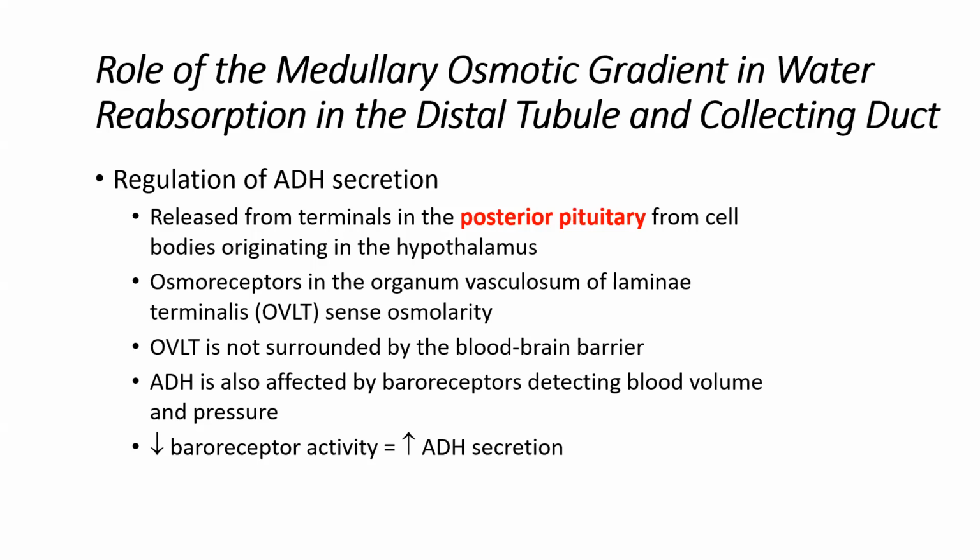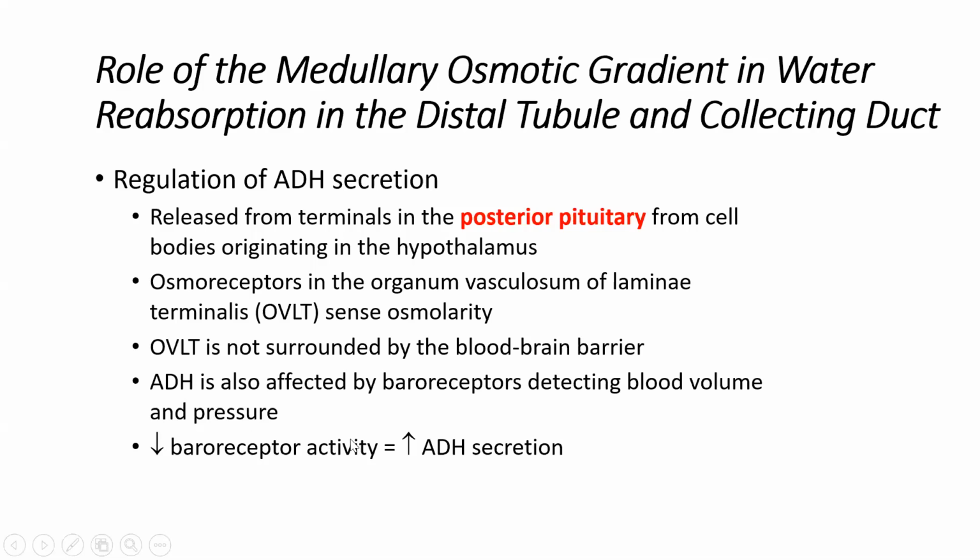And so we don't have OVLT receptors in areas where we have the blood-brain barrier. The areas where we have these receptors are not interrupted or blocked by the blood-brain barrier. And so therefore we can get an accurate representation of what our plasma looks like in order to adequately secrete ADH or not secrete ADH in response to the osmolarity of that plasma.